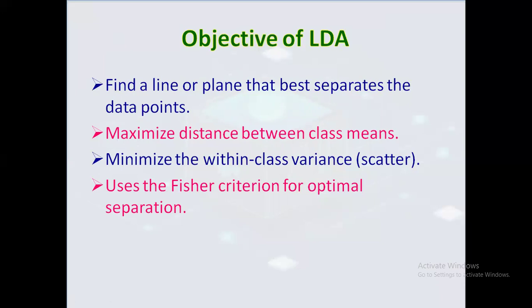At the same time, it minimizes the variance within each class so that the data points within a class are closely clustered. The Fisher criterion is used to balance these two goals, creating a decision boundary that is both wide between classes and tight within classes.